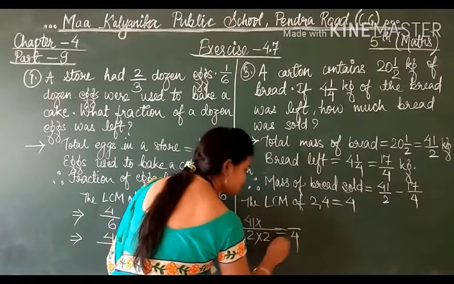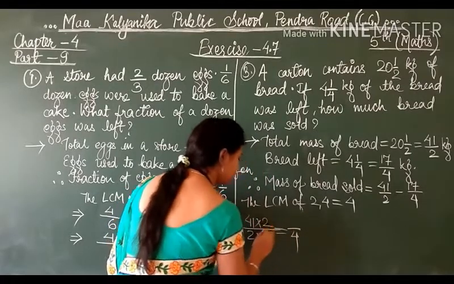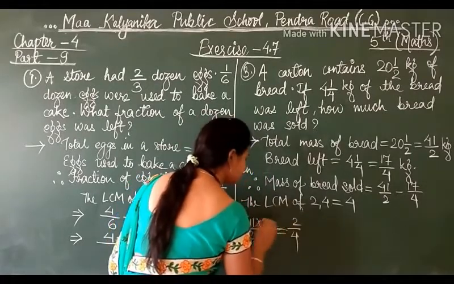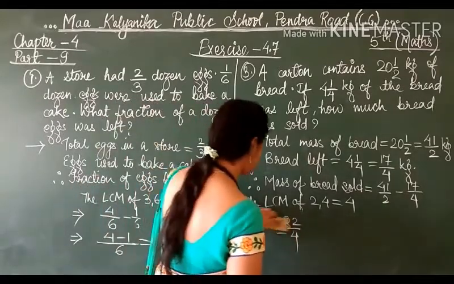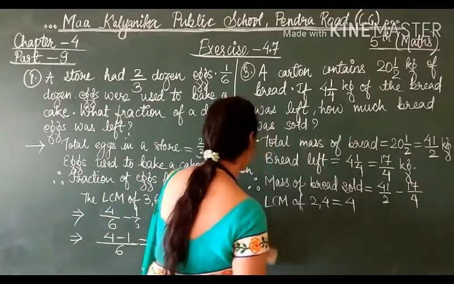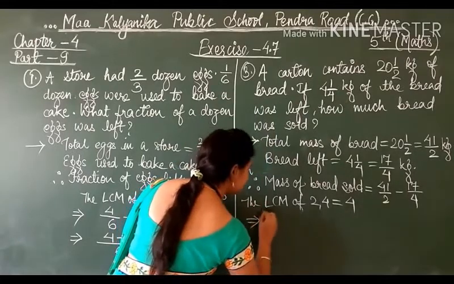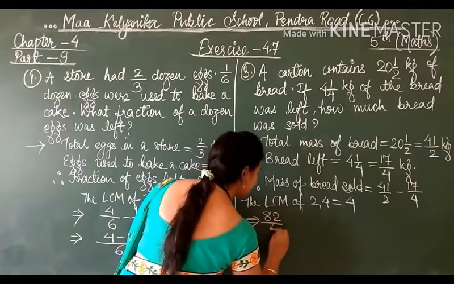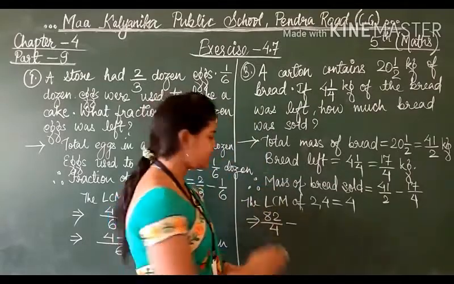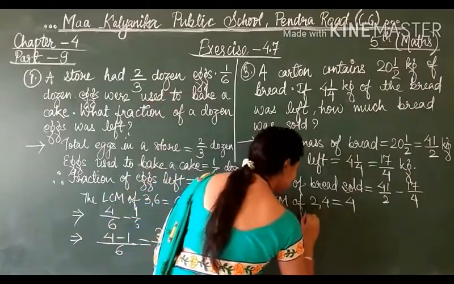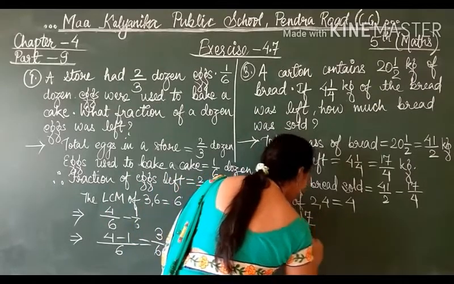So 2 twos are 4, and 41 also times 2: 2 ones are 2, 2 fours are 8. So 82 by 4 is there. So we can write here, students, 82 by 4 minus 17 by 4. 4 is the denominator, same denominator, so we will write 17 by 4 as it is.